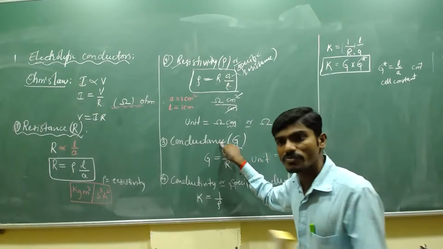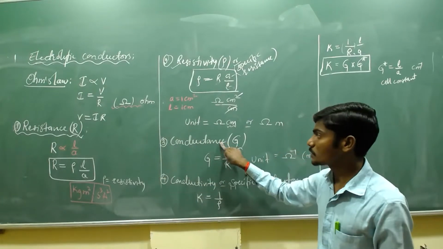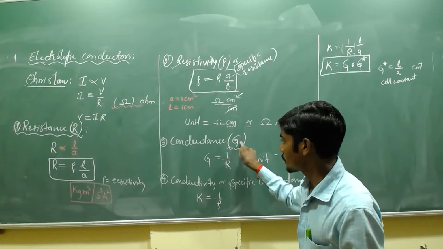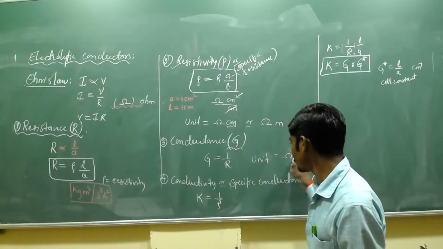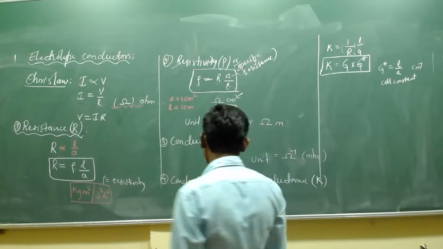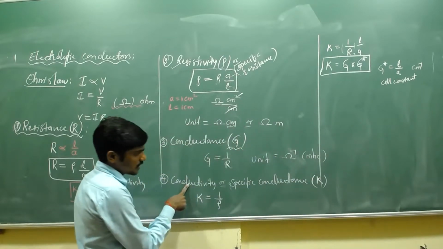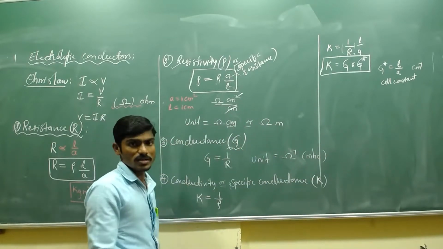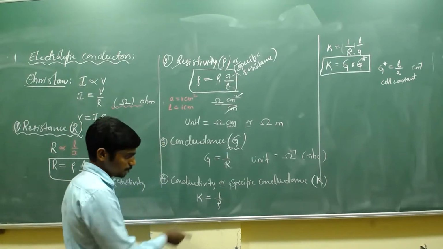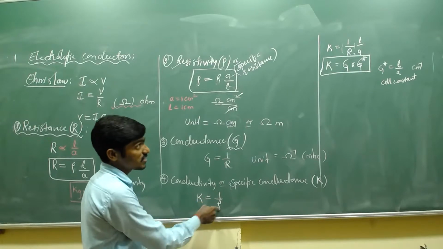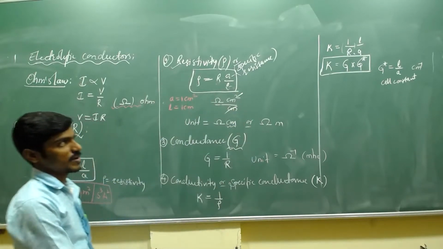Conductance means the ease with which the flow of current takes place. Conductance is represented by G and is the inverse of resistance. Its unit is per ohm. Conductivity is the conducting power of the solution whose length and cross section are unit centimeters. It is the inverse of resistivity, and I have given the formula.